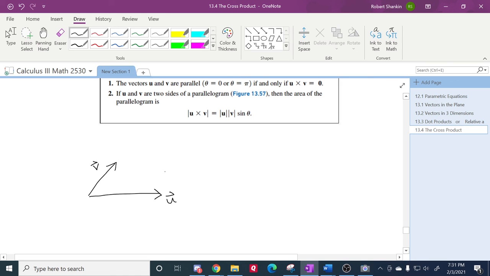Alright, so if you project straight down from V onto U, this length, remember, is magnitude of V times the cosine of the angle theta.